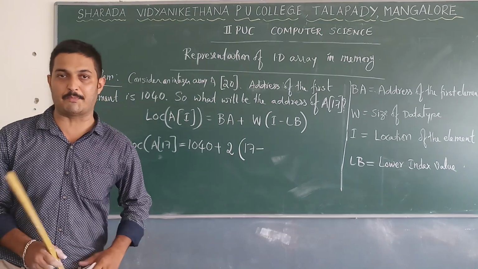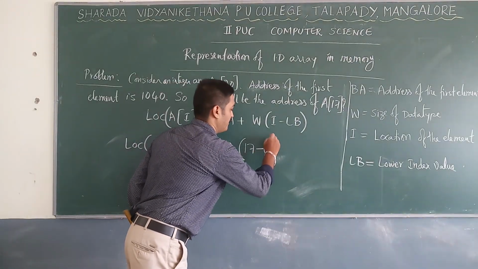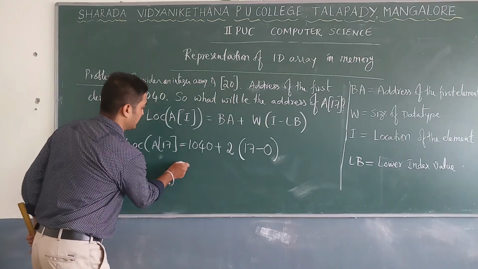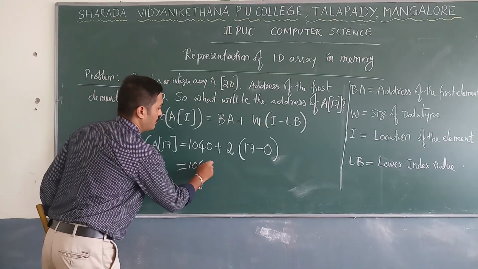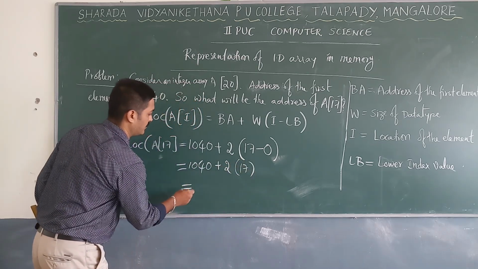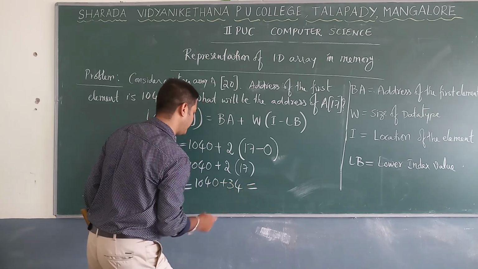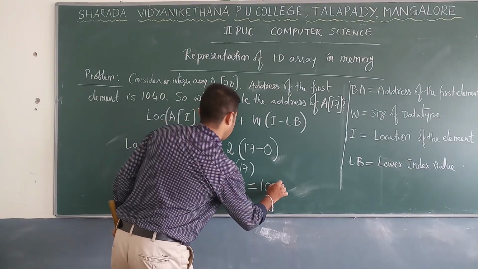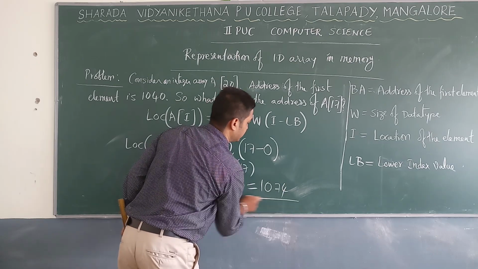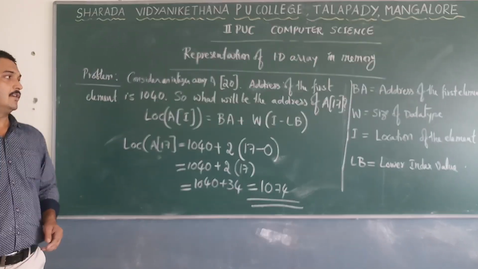LB means lower bound, the lowest index value, so that is 0. So that equals 1040 plus 2 into 17, which is 1040 plus 34. So the answer is 1074. It's the location.